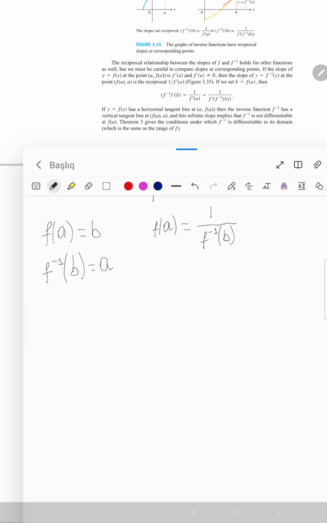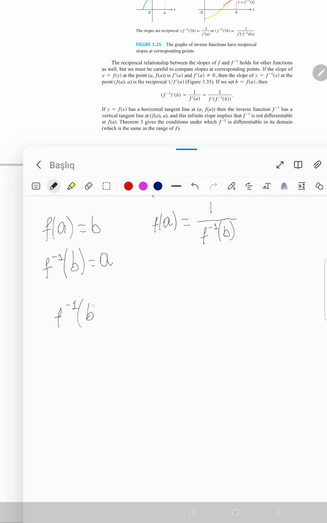And using derivatives, we can write it, like you can see from the book, f derivative of b equals 1 over f derivative of a. And what is a? a is the range of the inverse function. You can see it from this. So it means we can write, instead of a, f inverse of b. So f derivative of f inverse of b.